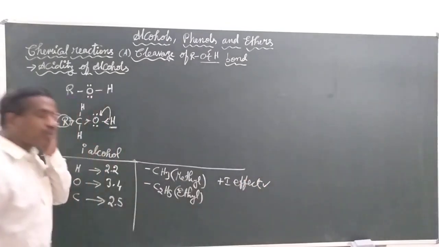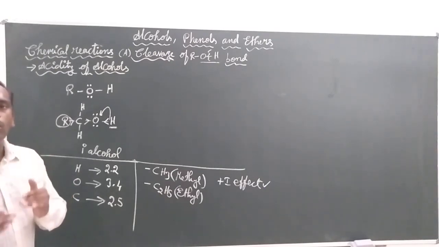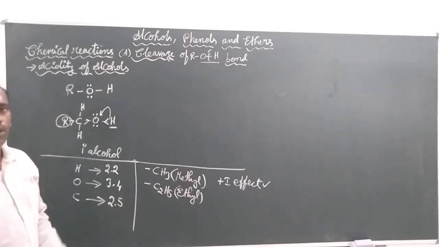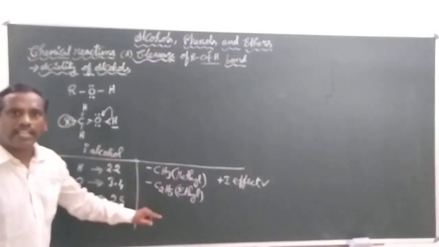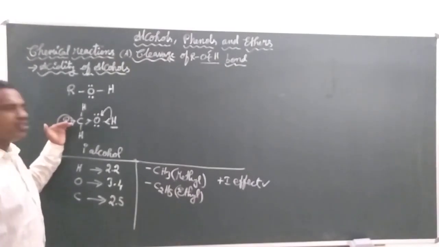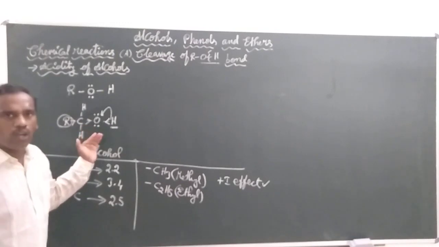Plus I effect means they donate electrons to the bonded atoms. So when R is methyl or ethyl, it donates electrons to the carbon, and in return the carbon gives electrons to the oxygen.